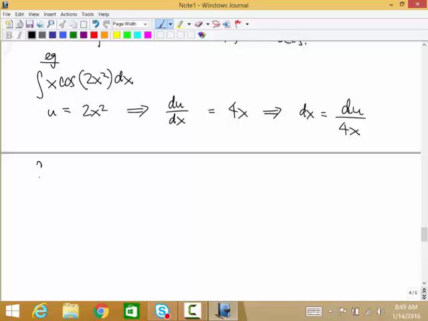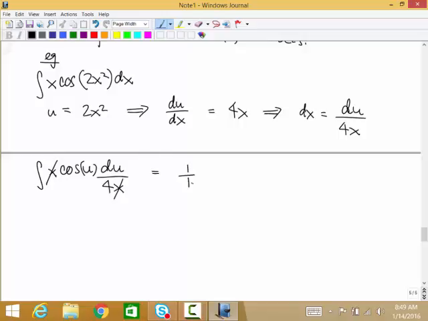And so we can rewrite this integral as x times cosine of u du over 4x. And we get the cancellation we need. We get all the independent variables out of there. And so now we have the integral of cosine.